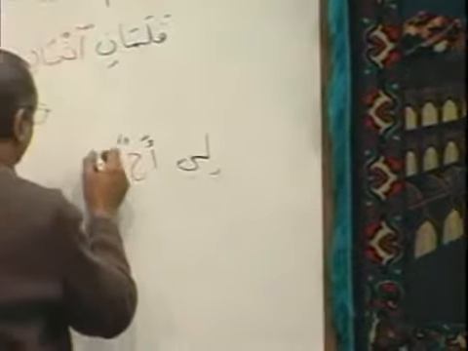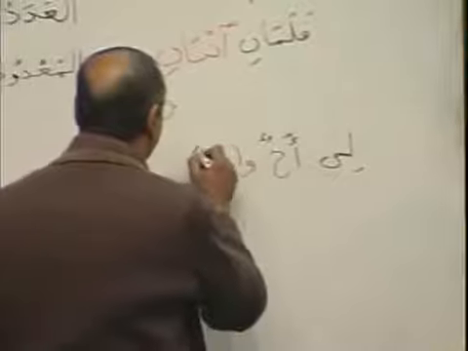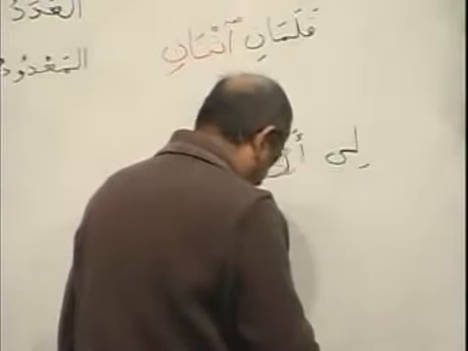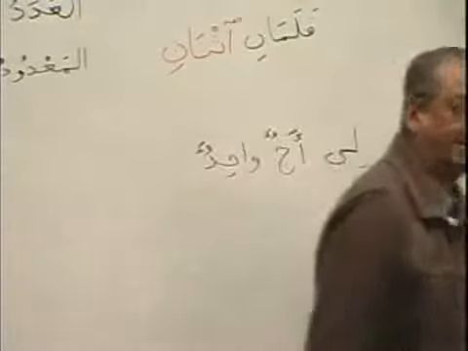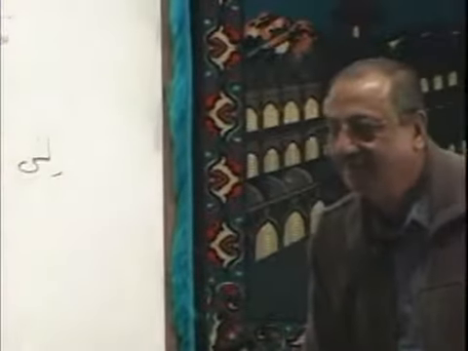And I asked Brother Salman this question. What is li? Jar majrur, shibu jumla khabar. What is akhun? Mubtada. And then what is wahidun? Remember, number 1 and number 2 will always come as a khabar. Only 1 and 2.